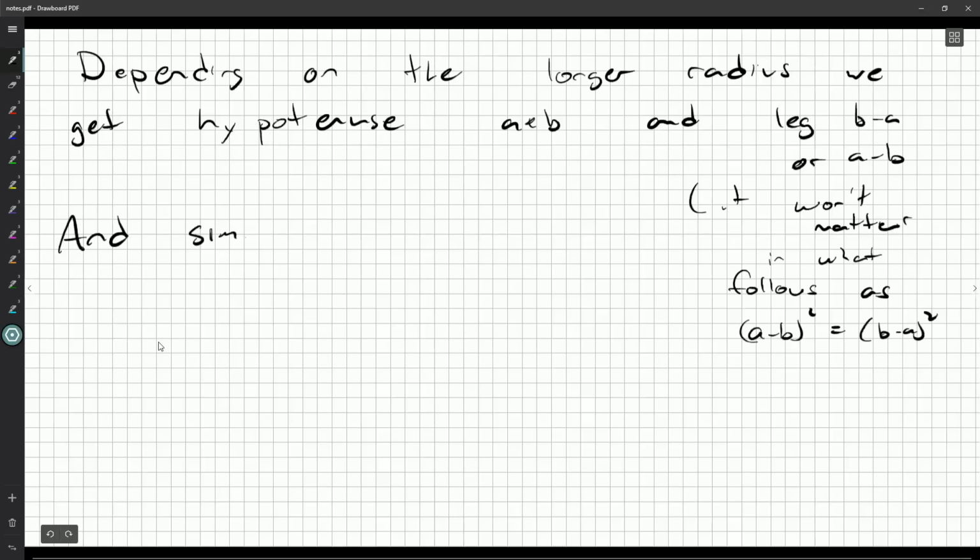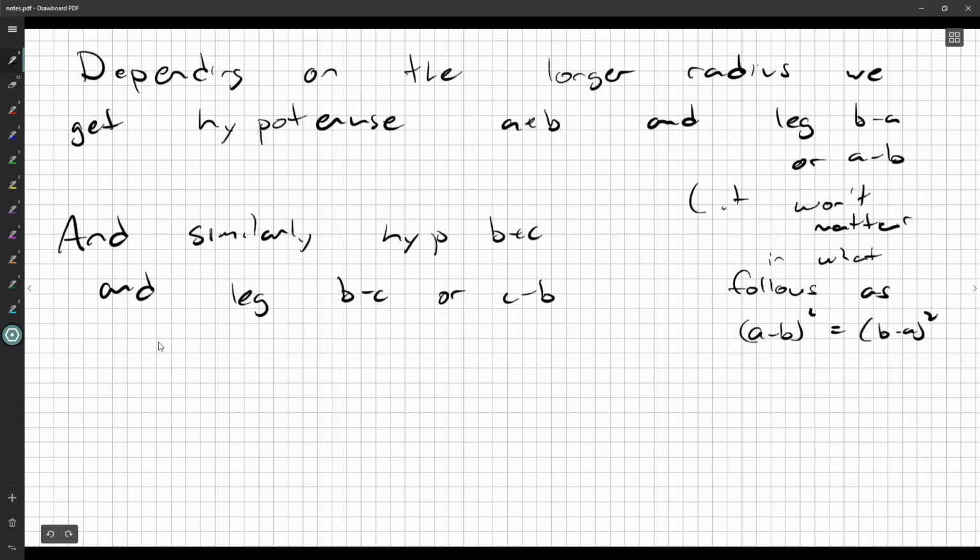And similarly, hypotenuse B plus C and leg B minus C or C minus B. We don't know which. It depends on which one is longer, but we don't really care.